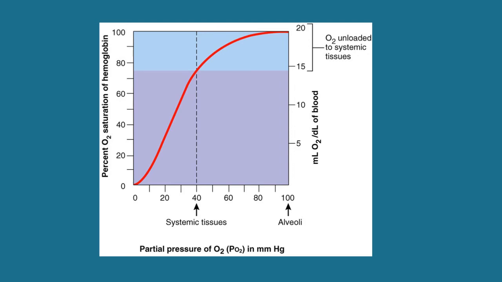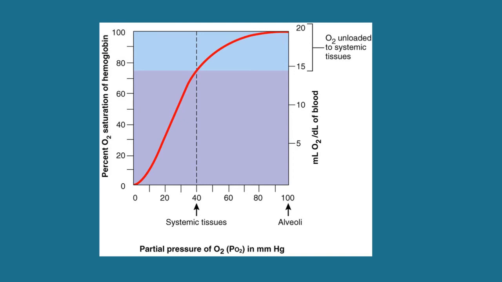Number 1, a hemoglobin molecule can hold up to 4 oxygen atoms. If all 4 positions are occupied by oxygen, then the hemoglobin is said to be saturated. Let's look at this graph.